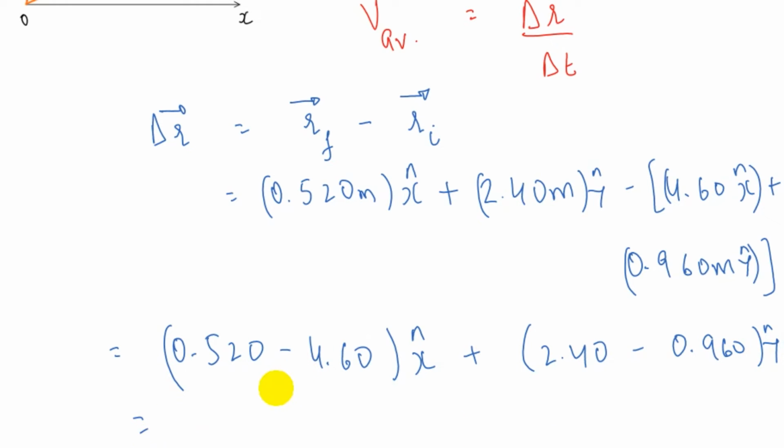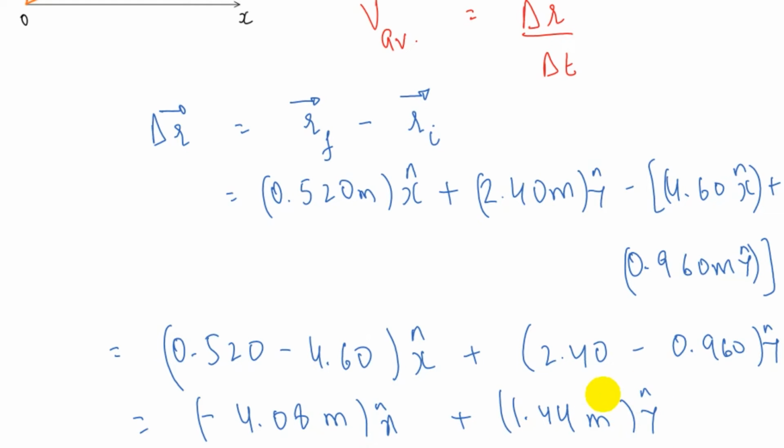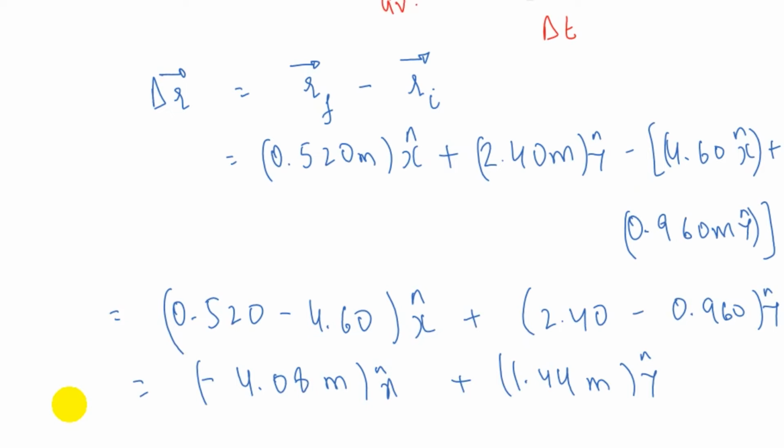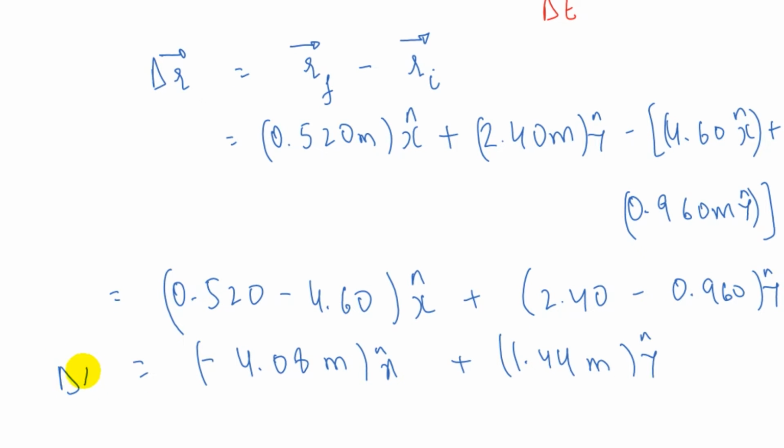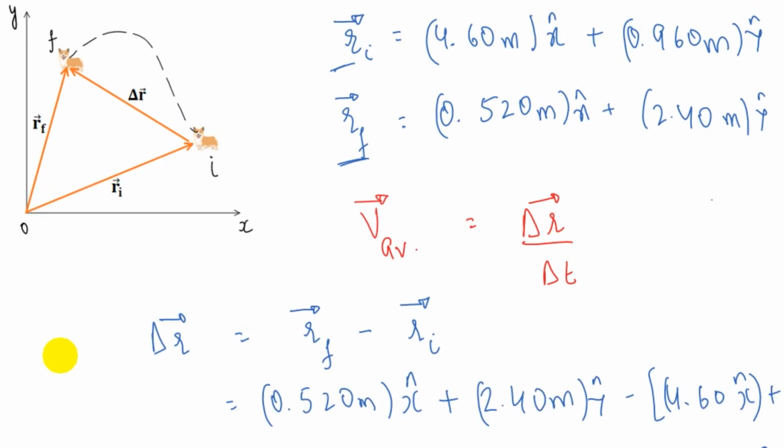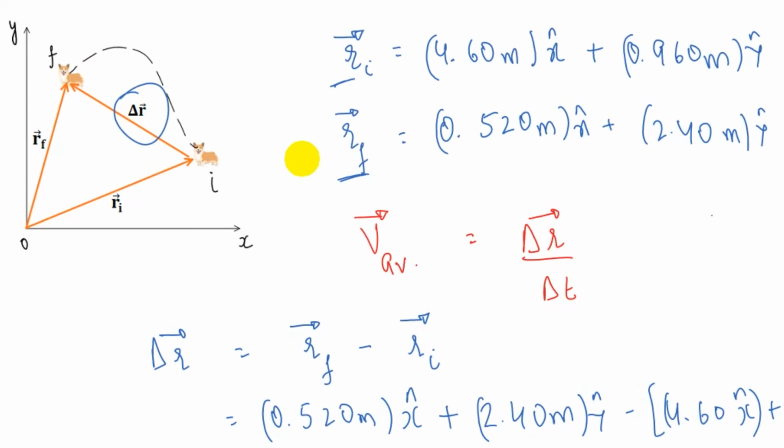So this would be equal to minus 4.08 meter x cap plus 1.44 meter y cap. So this is the displacement vector delta r, which is represented by this arrow, this delta r.